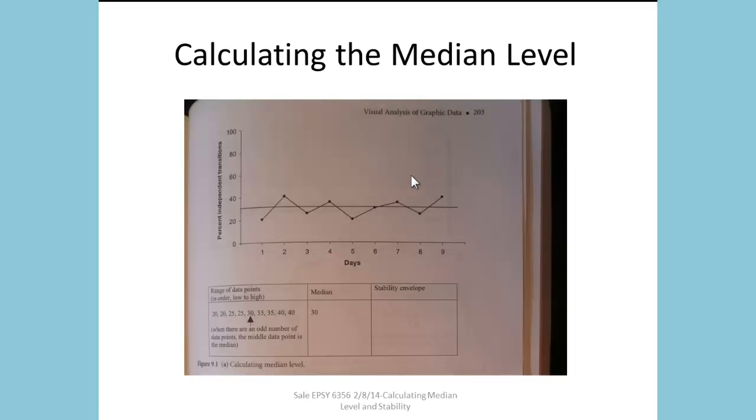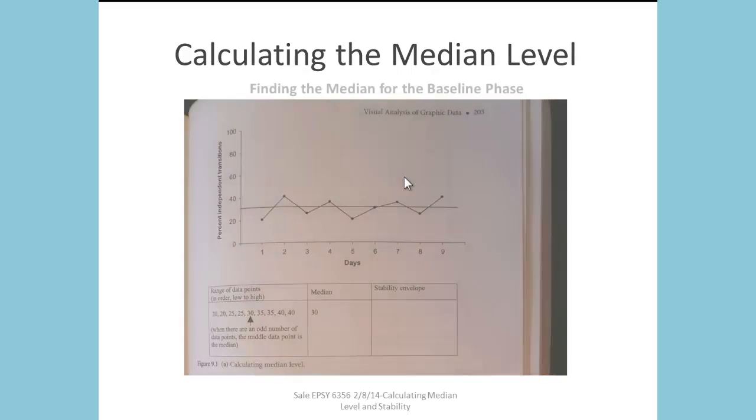Again, you can go to your Gast book and see that the first thing we have to do is calculate a median level. It explains how to do that. Here it has the line drawn.